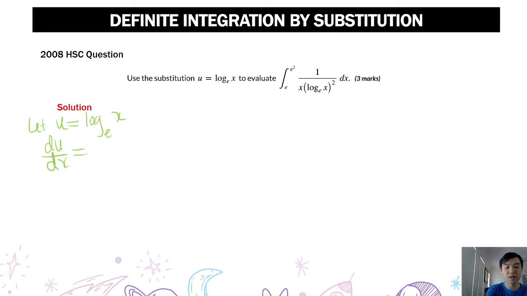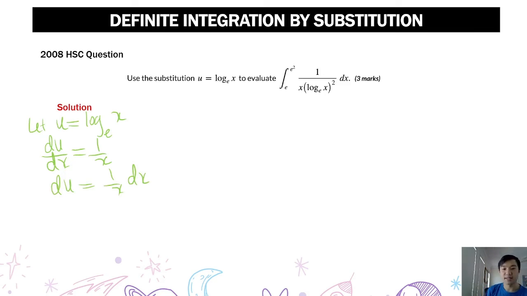The derivative of log base e x is just going to be 1 over x, if you recall from when you learned how to differentiate logarithms. Therefore, I can say that du is equal to 1 over x dx.